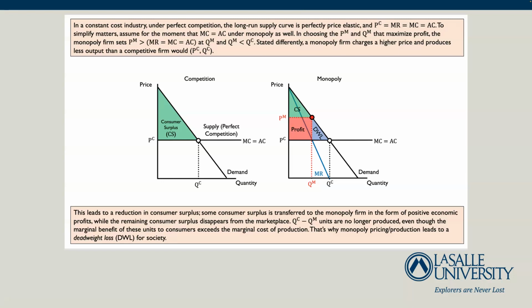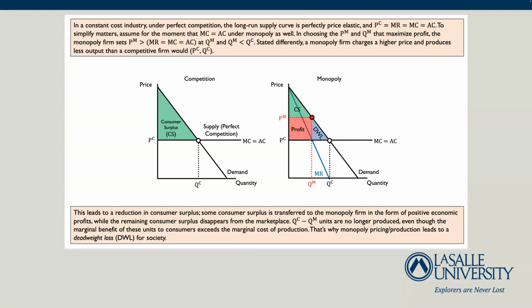So to summarize, in a constant cost industry under perfect competition, the long-run supply curve is perfectly price elastic. The horizontal line, and price is equal to marginal revenue, which is equal to marginal cost, which is equal to the minimum of the average cost curve. And under monopoly, the monopoly firm is charging a higher price and produces less output than the perfectly competitive firm would.